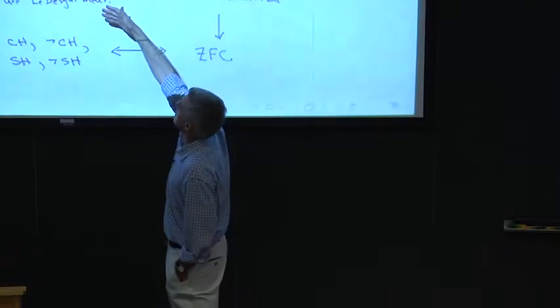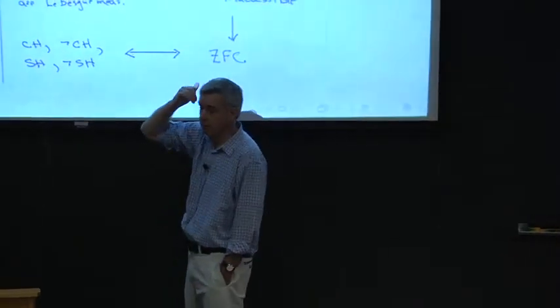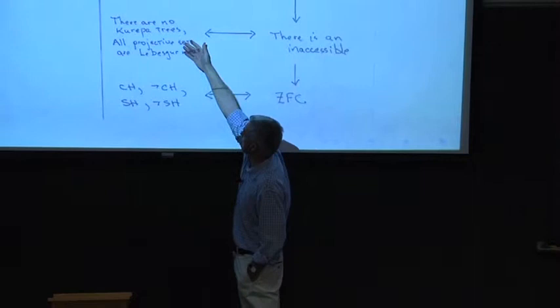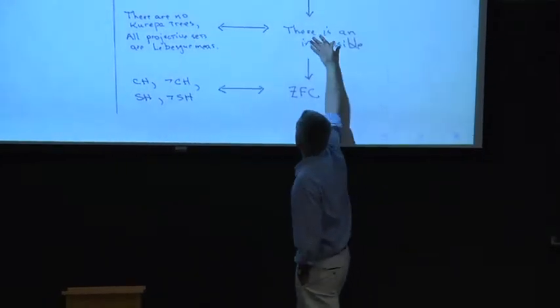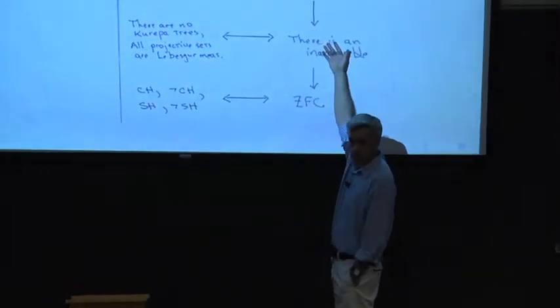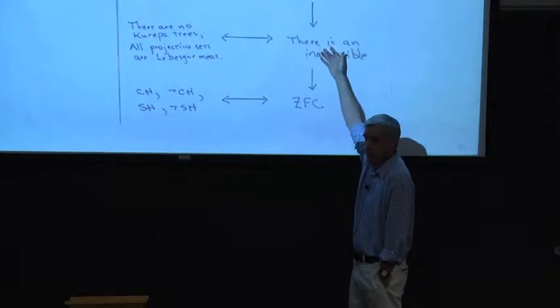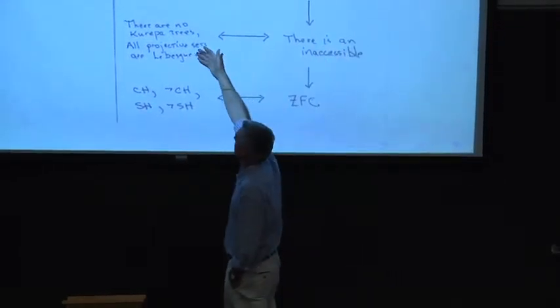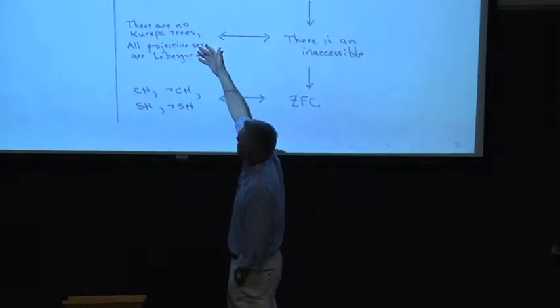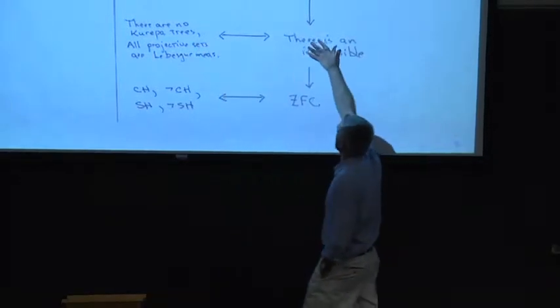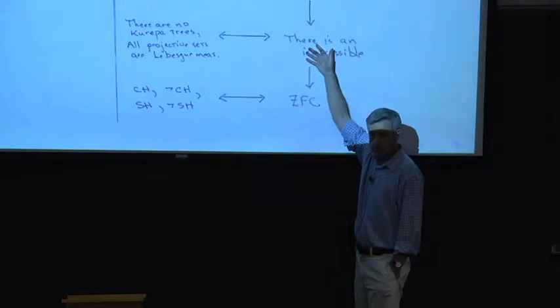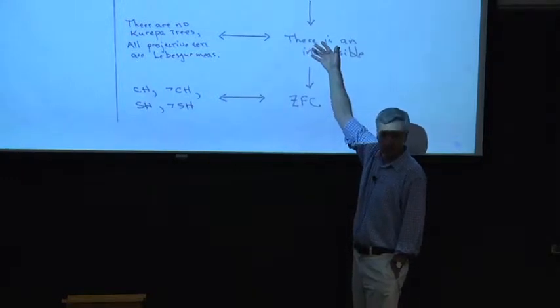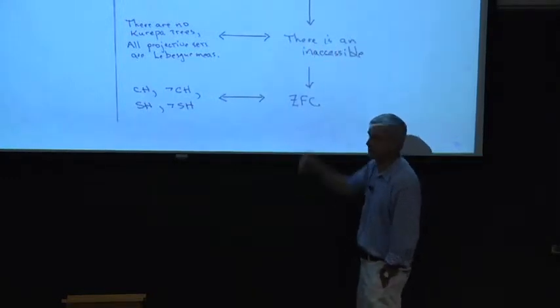This is done by the method of inner model theory. Down at this level, the inner model is Gödel's constructible universe L. So if you take any universe where all projective sets are Lebesgue measurable, look at the constructible sets within that universe, they think that there's an inaccessible cardinal.